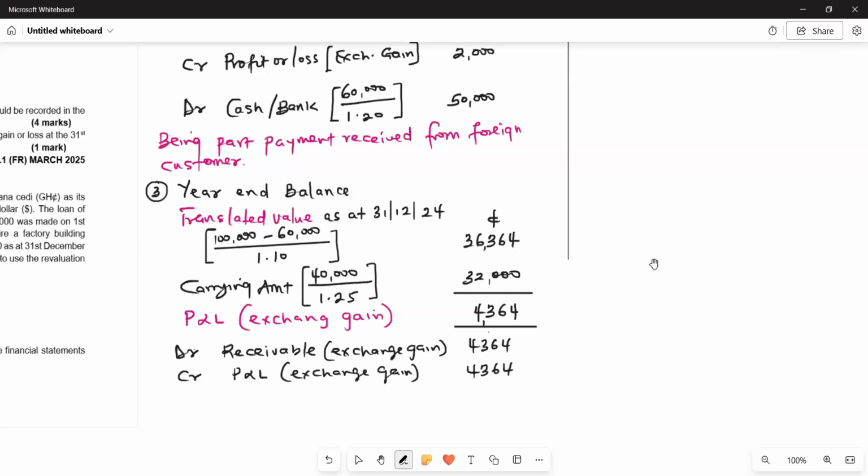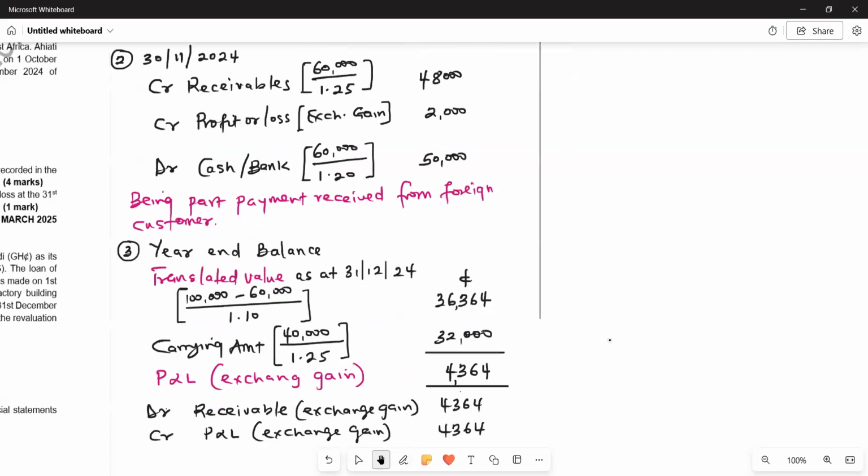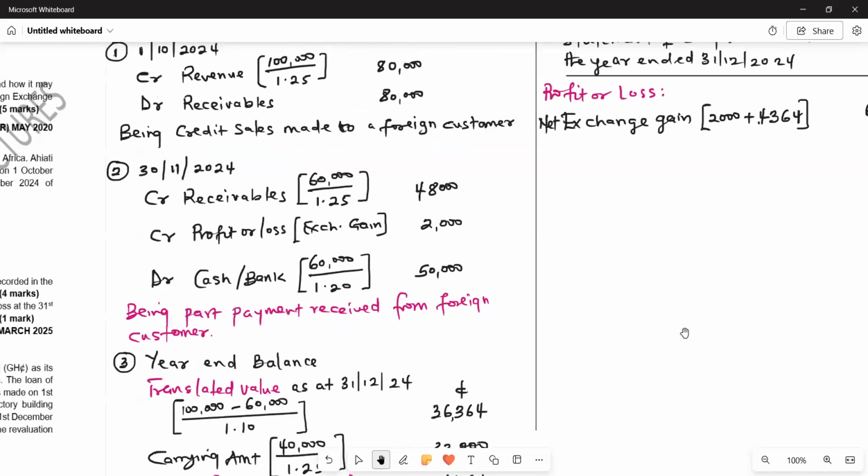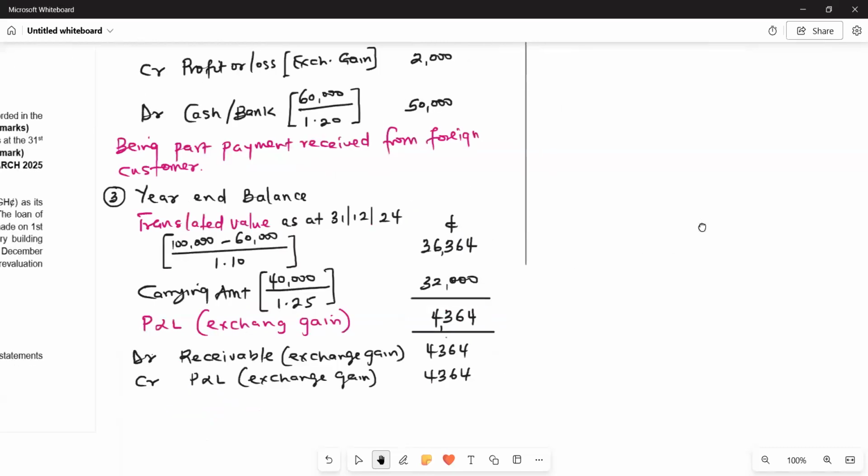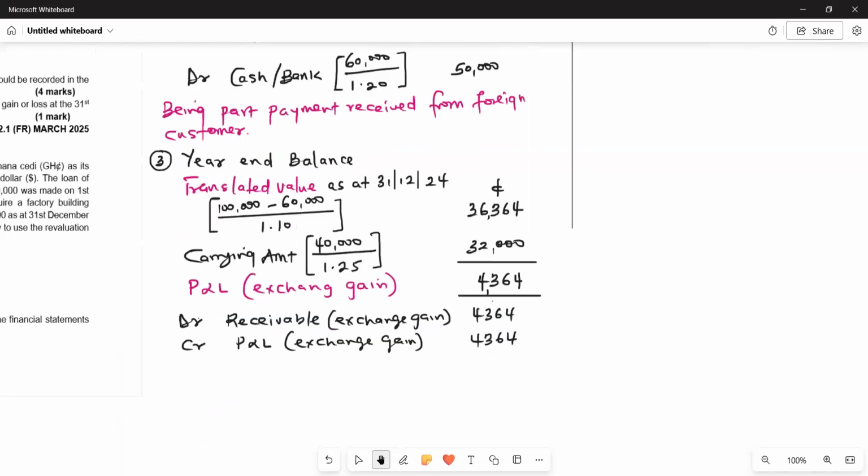If you deduct the 48,000 we received from the 80,000, you get 32,000, right? So you adjust it with the 4,364, and that will give you the 36,364. Okay. So, being exchange difference on year-end balances.